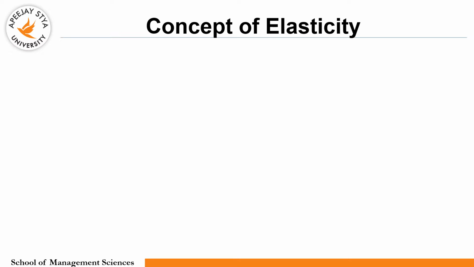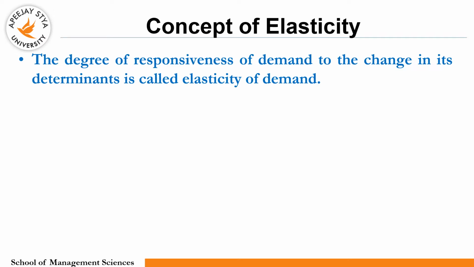You will also be able to understand the determinants of price elasticity of demand. Let us first understand the meaning of elasticity. The degree of responsiveness of demand to the change in its determinants is known as elasticity of demand. Similarly, the degree of responsiveness of a variable to the change in its determinant will be known as elasticity of that variable.